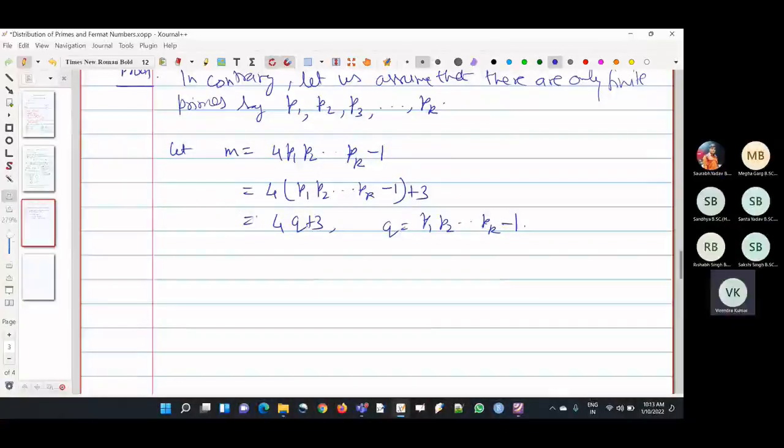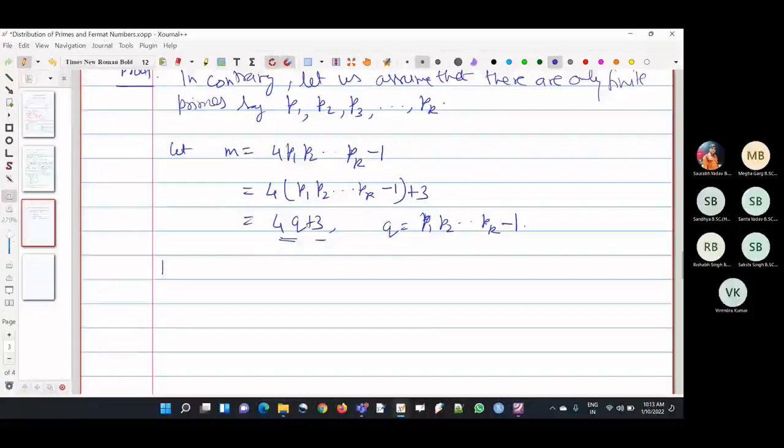Because p1, p2, ..., pk are primes, and you are subtracting 1 from here and multiplying it with 4, this is going to be an even number, and you are adding an odd number, so this is going to be an odd number finally. So m is an odd number.